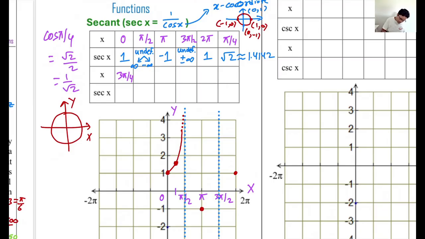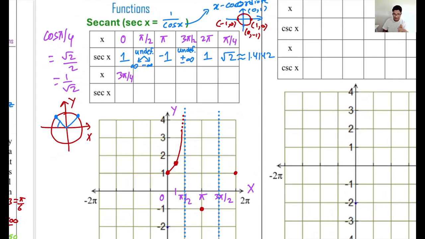So your 3 pi over 4 is here, 135 degrees. You are in the second quadrant. Its reference angle will be pi over 4, for which we just wrote the value.